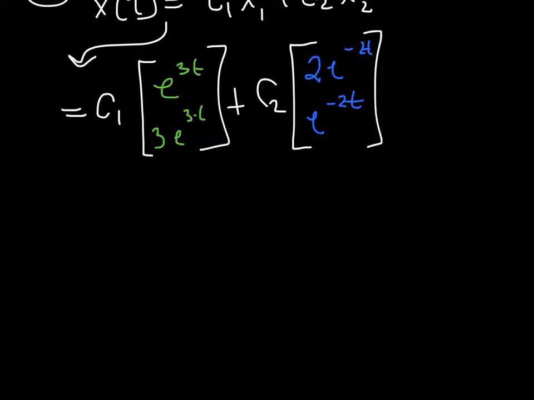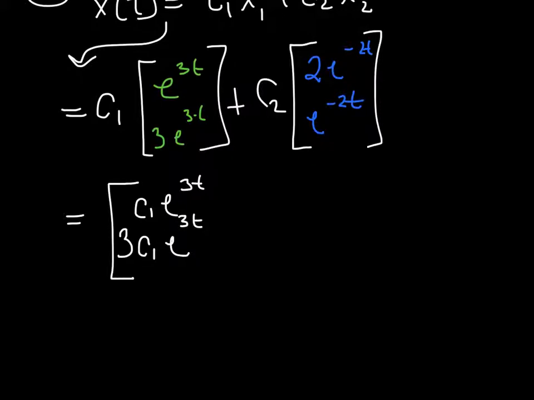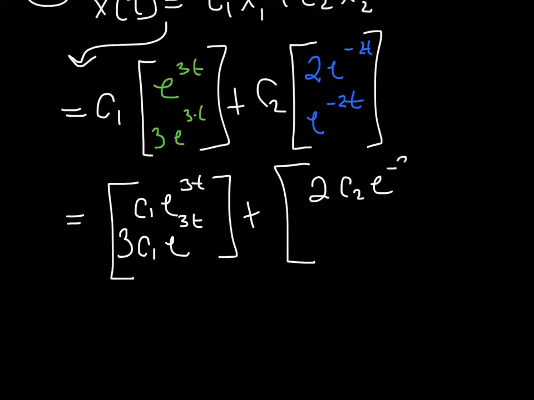And let's do some scalar multiplication and matrix addition. So this guy is c1 e to the 3t, c1, 3, well, actually, even easier, 3c1 e to the 3t, plus 2c2 e to the negative 2t, c2 e to the negative 2t, and actually just matrix addition.